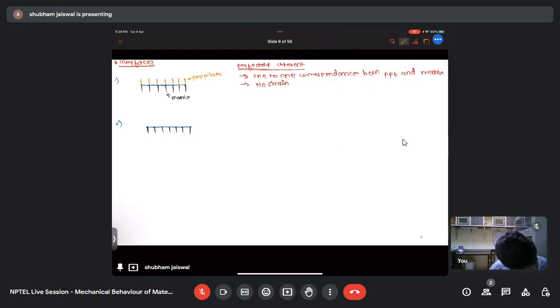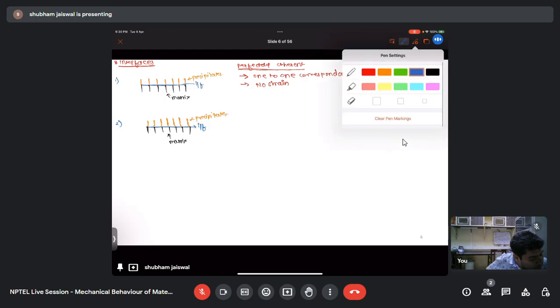So let's say this is my matrix, precipitates, and this blue one is my interface. Let me write down interface. This one is also interface. So in this, the one-to-one correspondence is there between the precipitate and the matrix, but with a small strain.